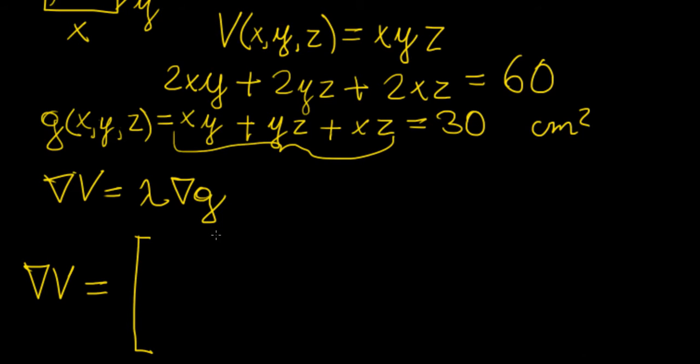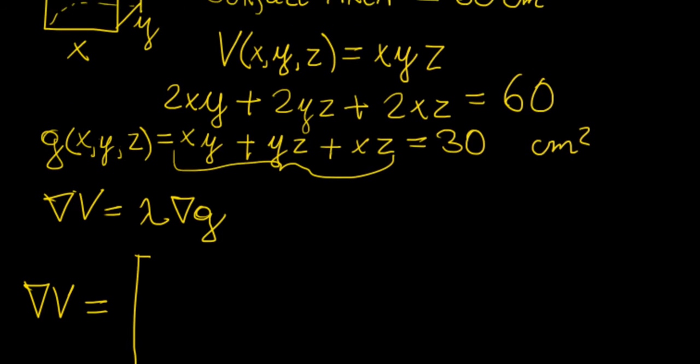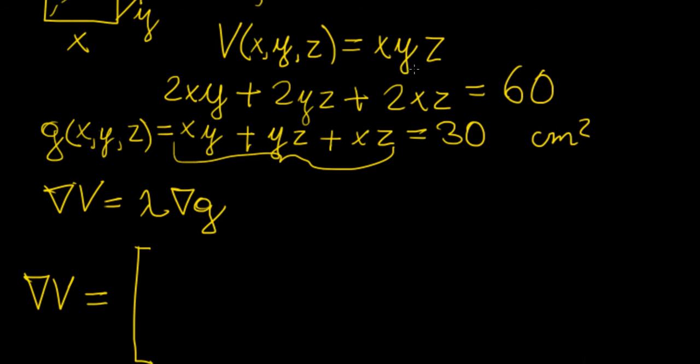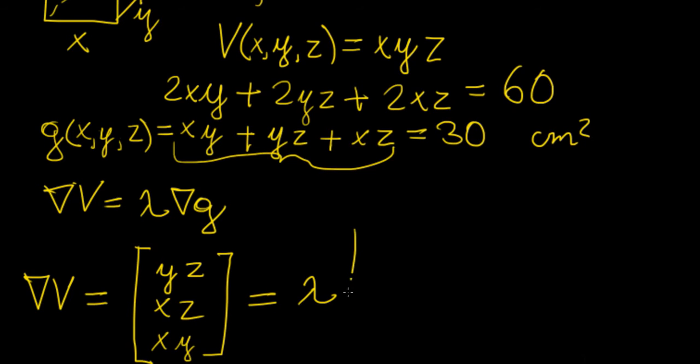So we set up our vector, and then the first element is obviously going to be the partial derivative with respect to x. So if we look at here, partial derivative with respect to x, that's going to be yz. Then partial derivative with respect to y, that's xz, and then partial derivative with respect to z is going to be xy. And then this is going to be equal to lambda times the partial derivatives of g, which is this whole expression here.